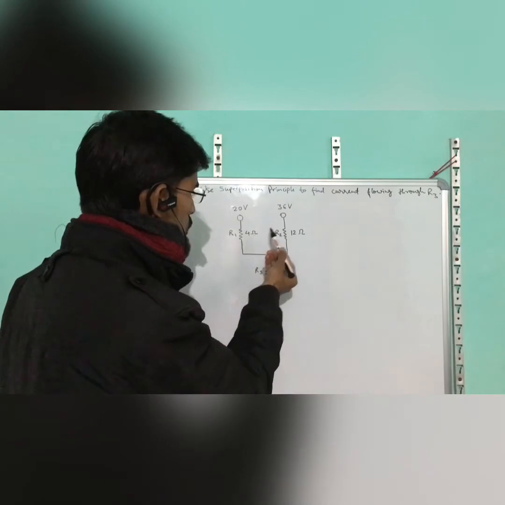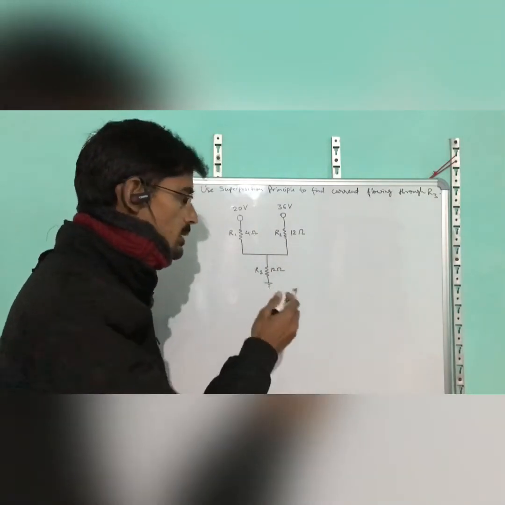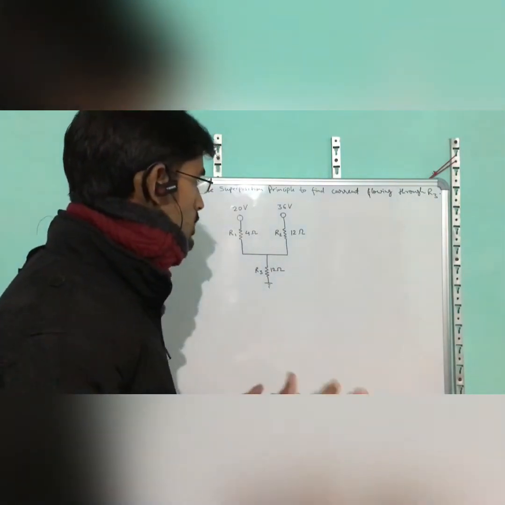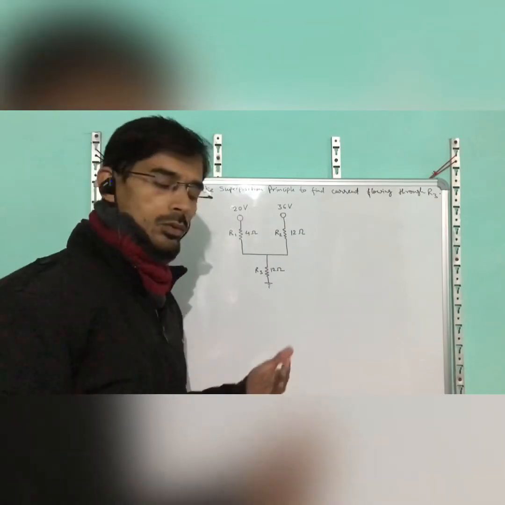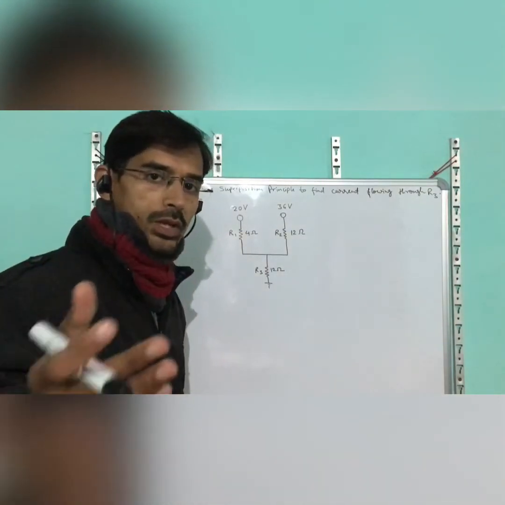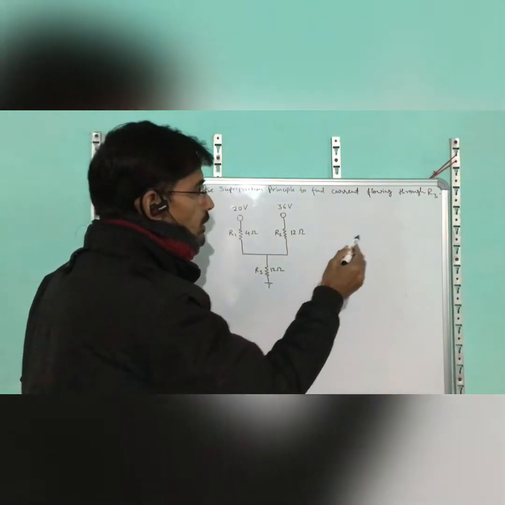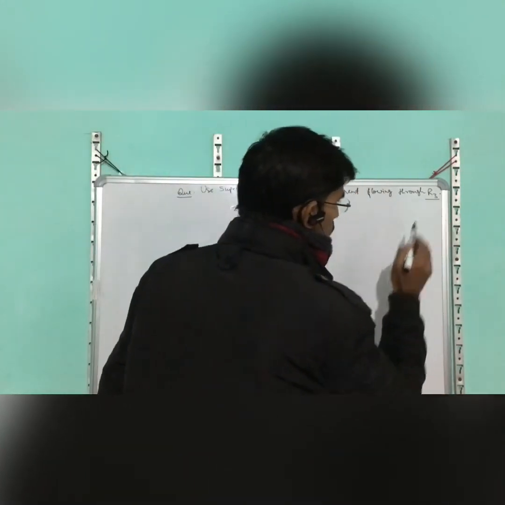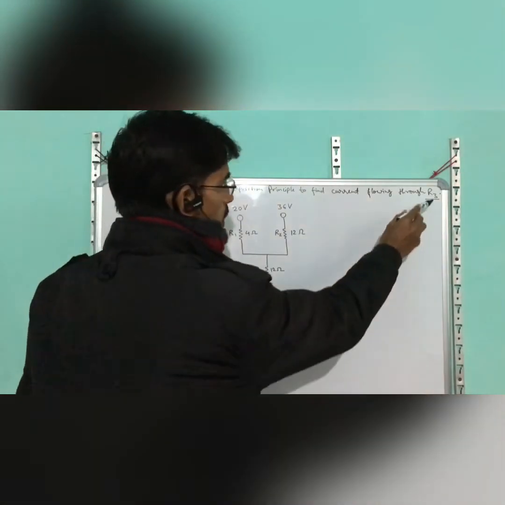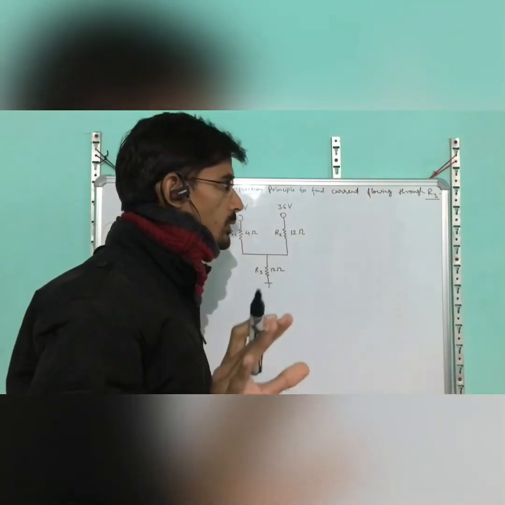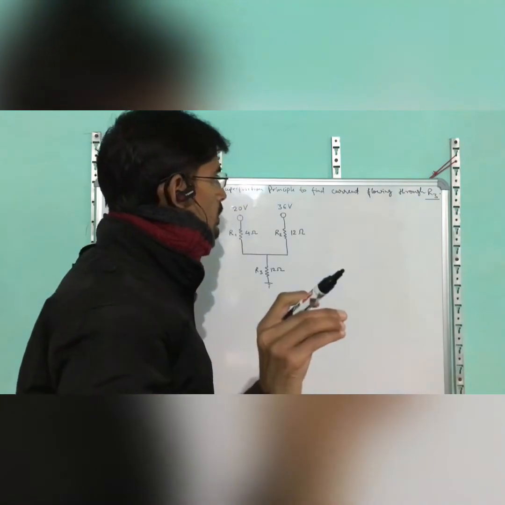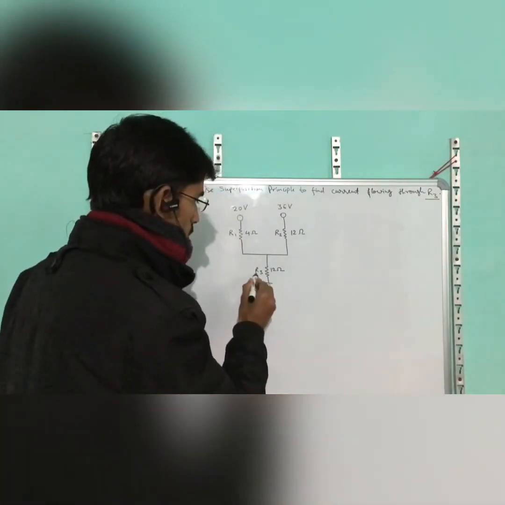R1 is 4 ohm, R2 is 12 ohm, R3 is 12 ohm. Three resistors, two sources. So we will consider one source at a time and calculate the currents. Remember that we only have to find the current through this resistor R3.